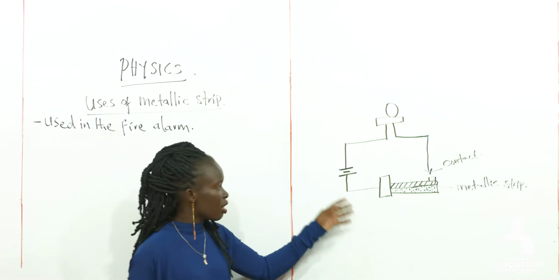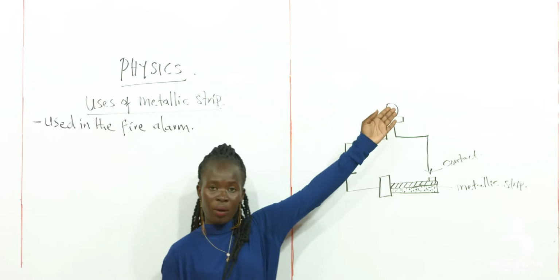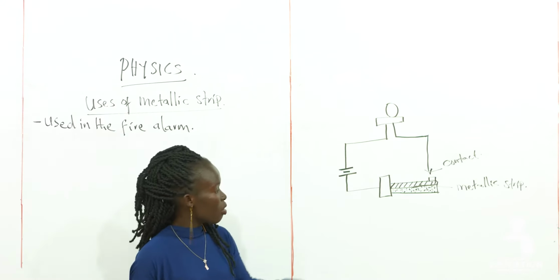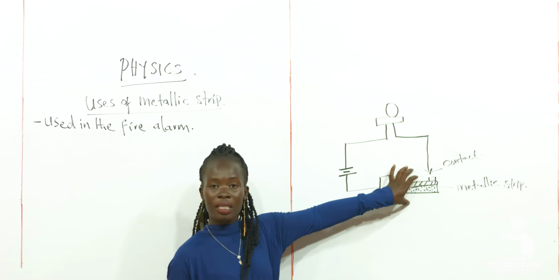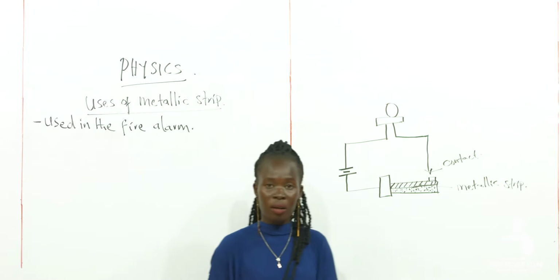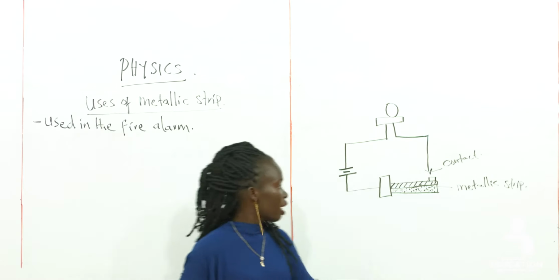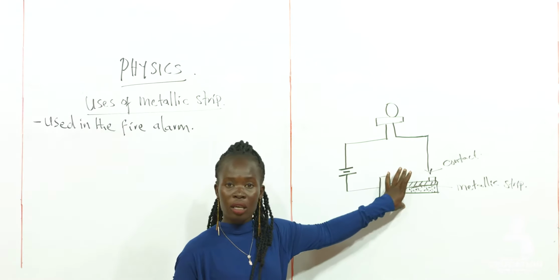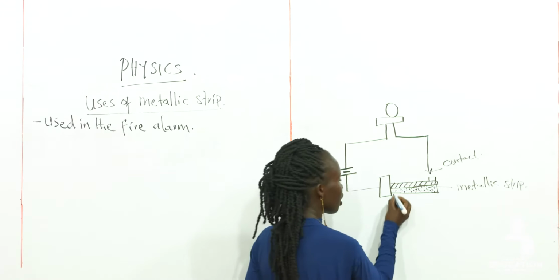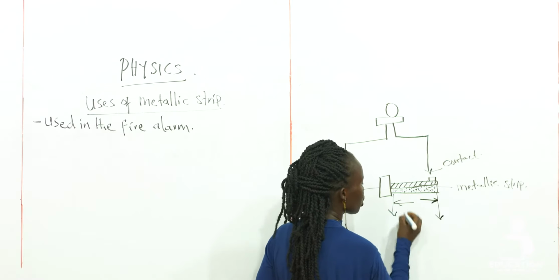So how does this metallic strip actually help us to get the sound when there is heat? We see that when there is heat around, when this metallic strip detects any change in the temperature, if the temperature increases, what happens is that it is going to expand. If it expands, what happens? It will increase in length.